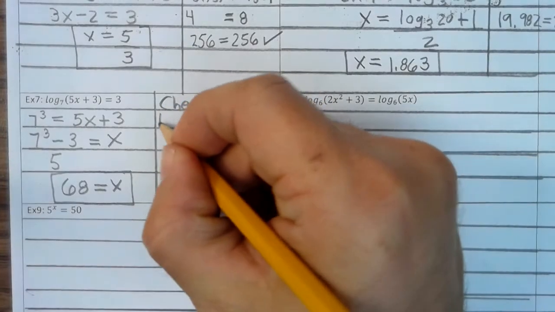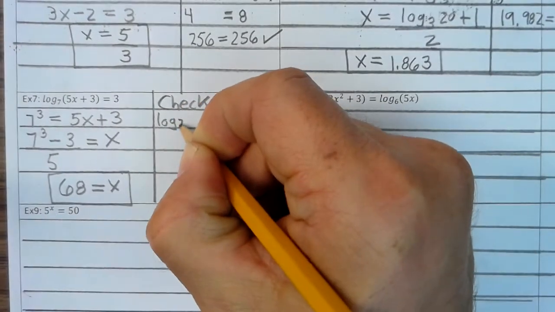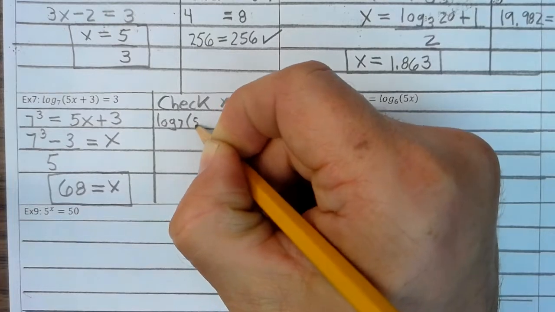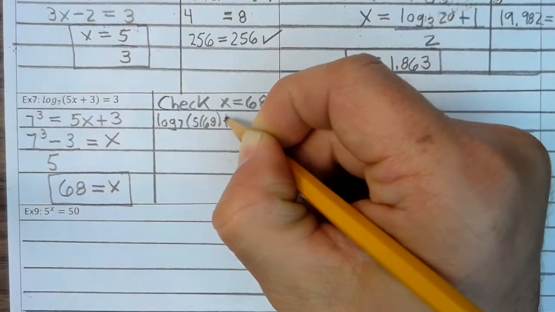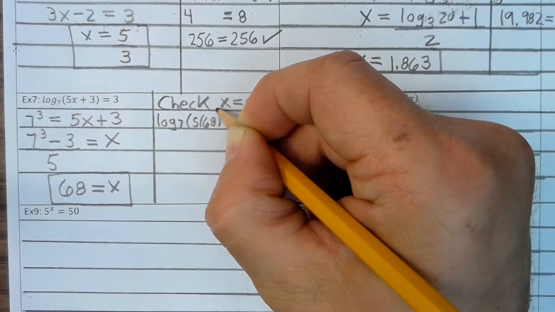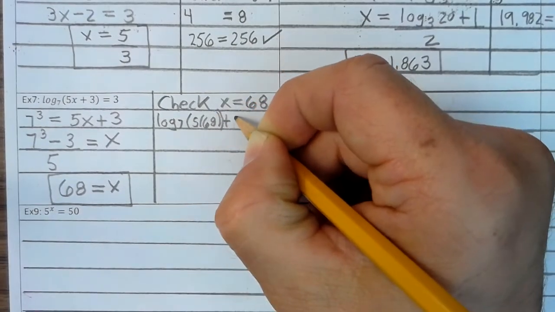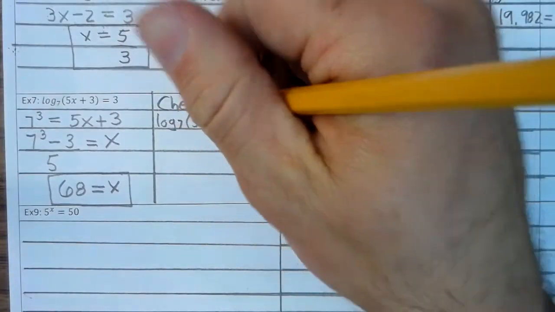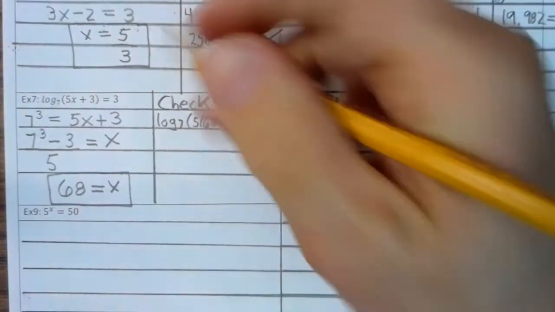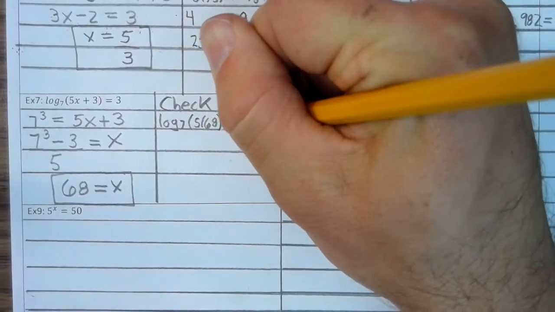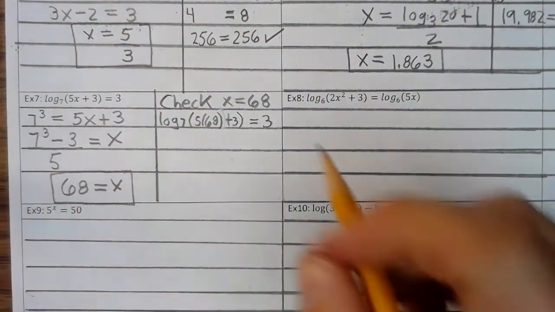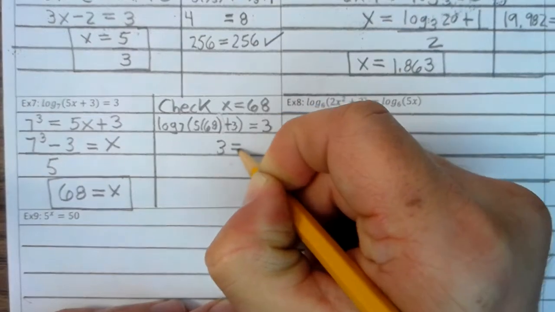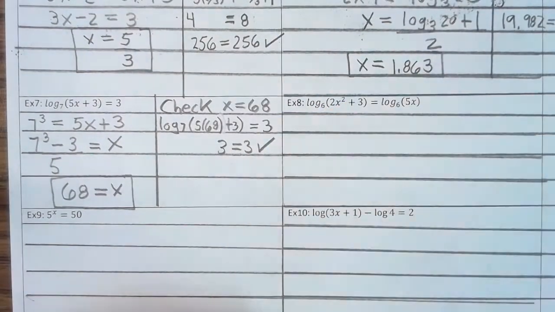So we have log base 7 of 5 times 68 plus 3 equals 3. Well, this results in 3 equals 3, so it checks.